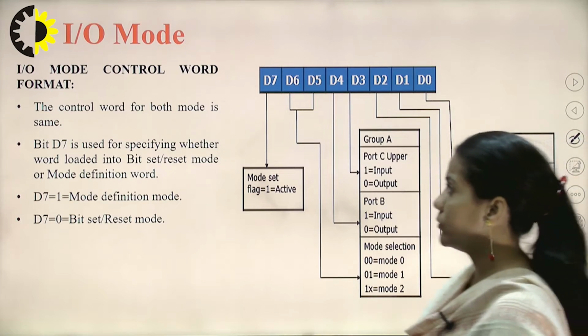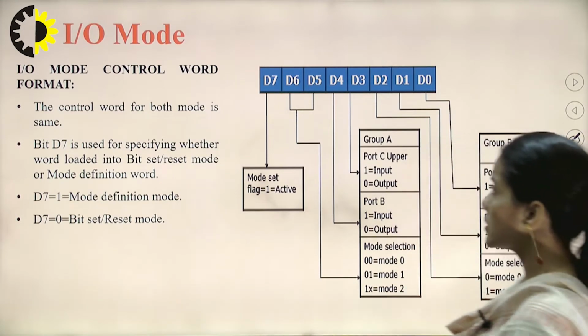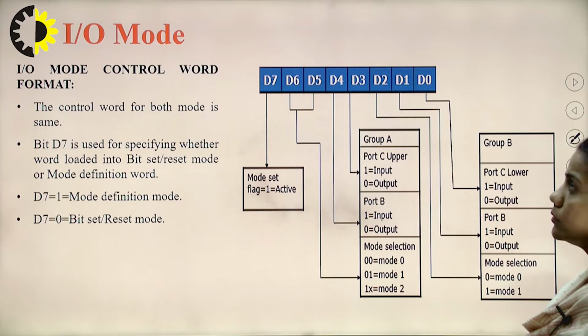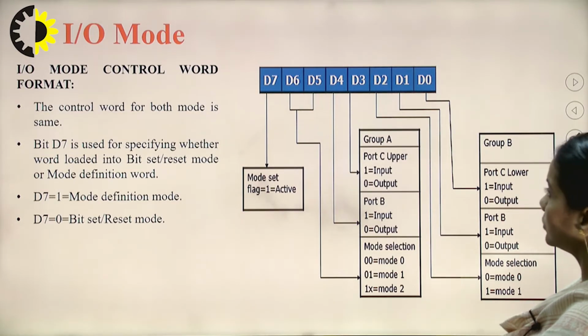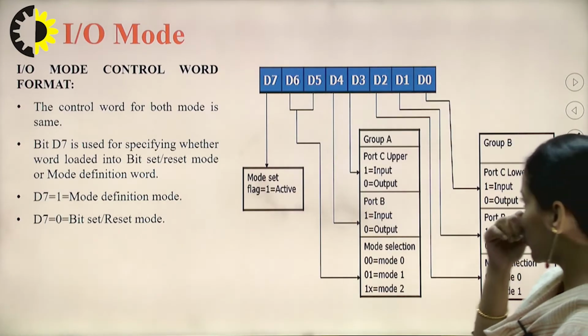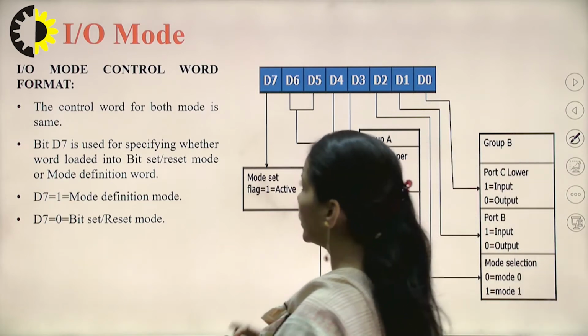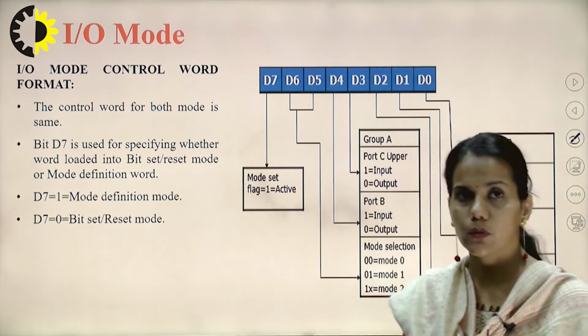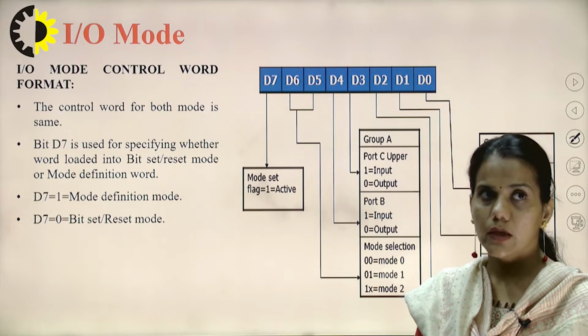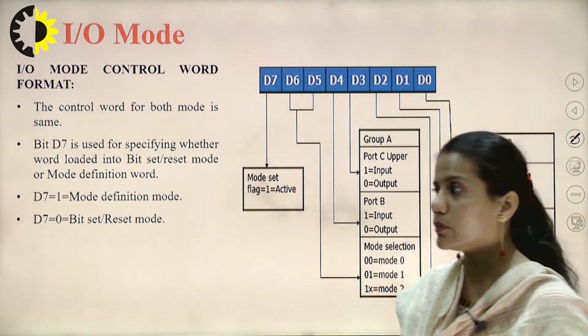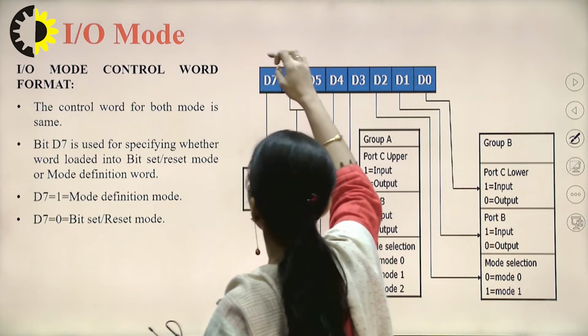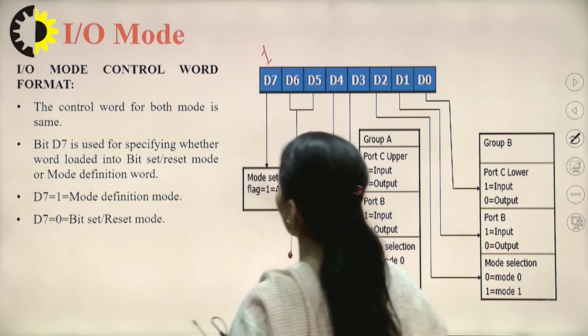Now we talk about the modes in detail. This is the control word for input output mode. Using the control word only, we can configure the device in a particular mode. This bit is 1 for input output mode.